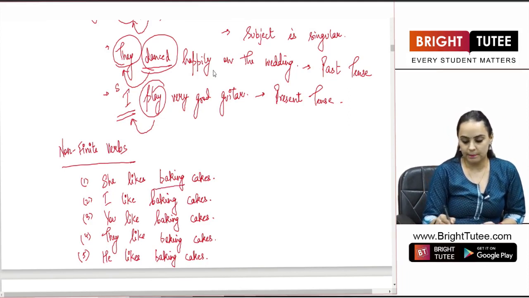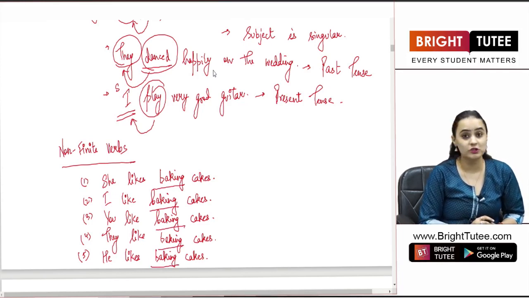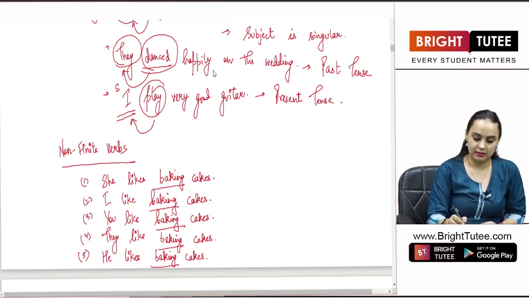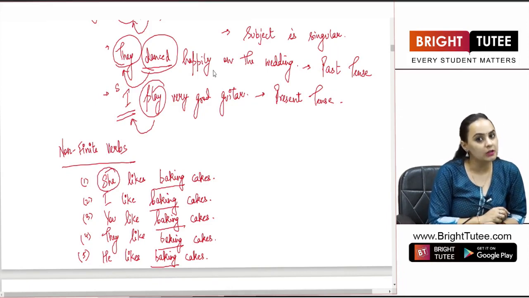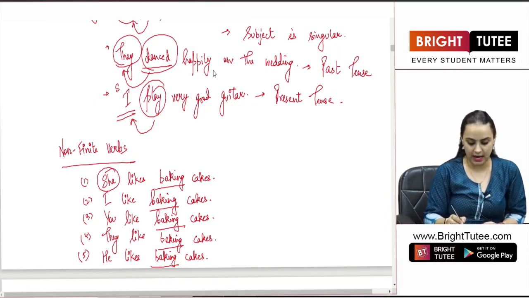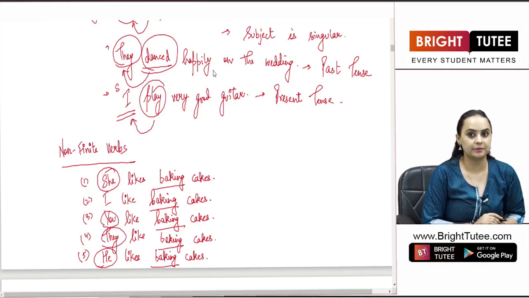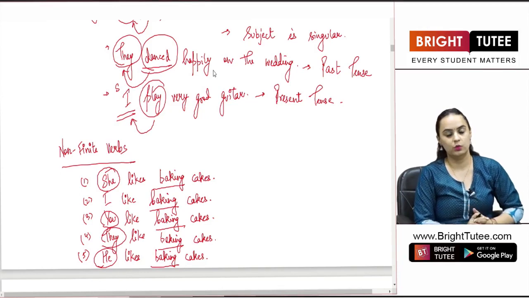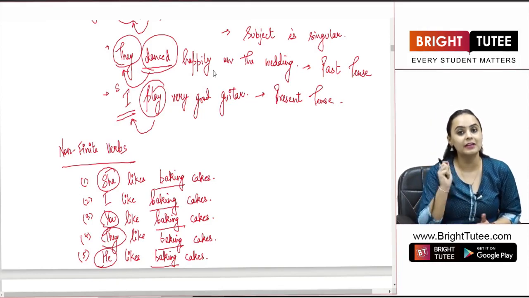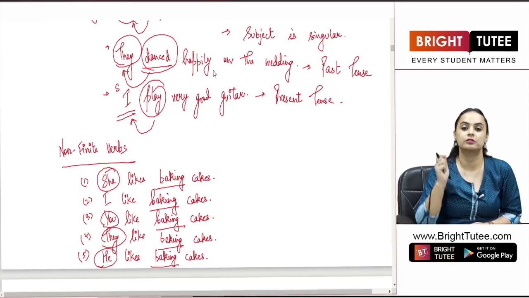The verb baking remains the same. It does not change at all. It does not change whether the subject is singular, like she and he, or the subject is plural, like you or they. So baking, the verb, remains the same irrespective of the tense.